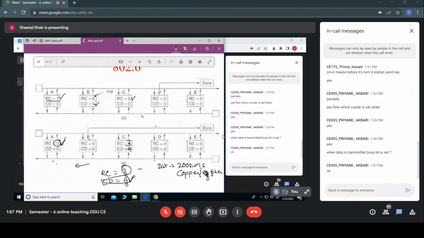By looking at the busy bit, the request counter (RC) value would be decremented by 1 by these stations. Hope this is clear. This is how the FIFO, first in first out, is maintained using these two counters in the 802.6 protocol. Hope everyone is clear with this. Any doubts?